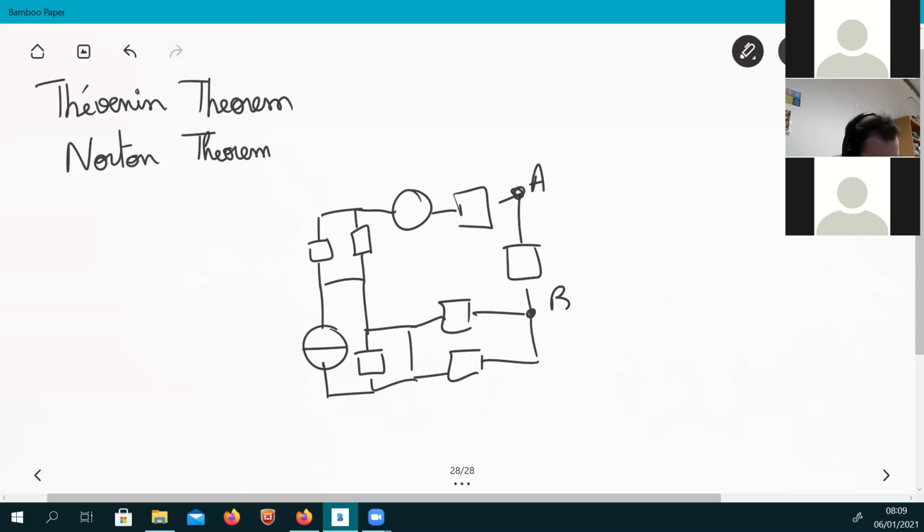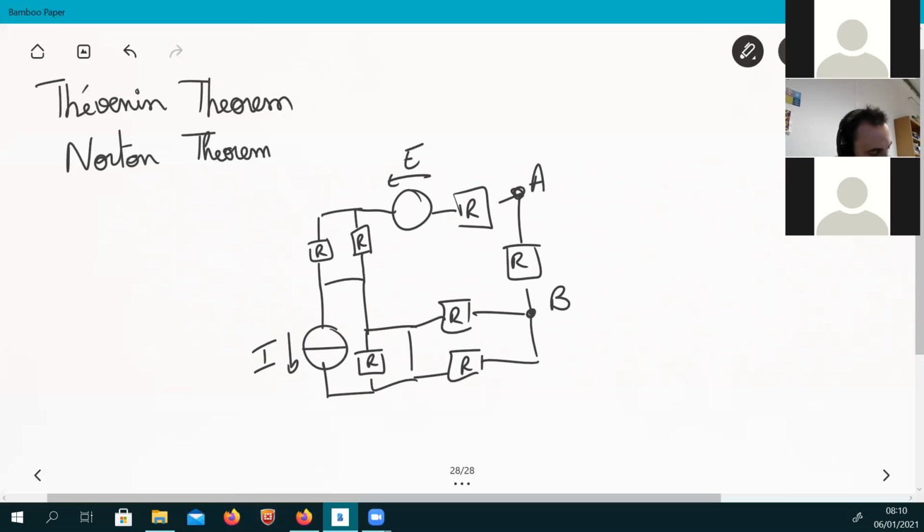A, B. These are some resistors, a voltage generator, a current generator. The idea behind these two theorems is to take part of a circuit and simplify it by what we're going to call a Thevenin model or Norton model.